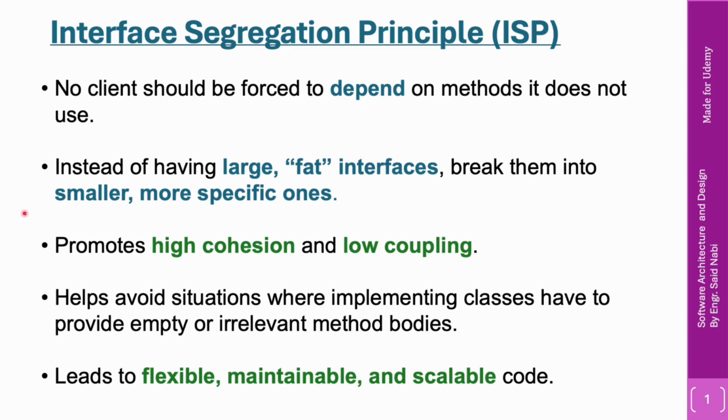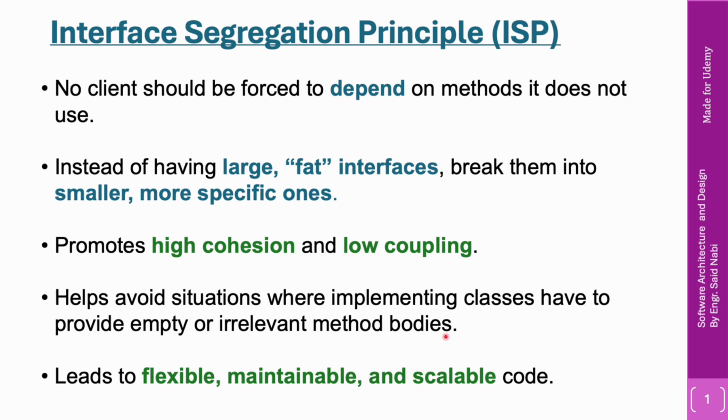So instead of having large fat interfaces, break them into smaller, more specific ones, and this promotes high cohesion and low coupling, and also helps avoid situations where implementing classes have to provide empty or irrelevant method bodies. For example, if a client is interested in only one method, but is implementing a particular interface in which all other methods are also declared, the client has to provide empty bodies for those other methods as well, which is not really required.